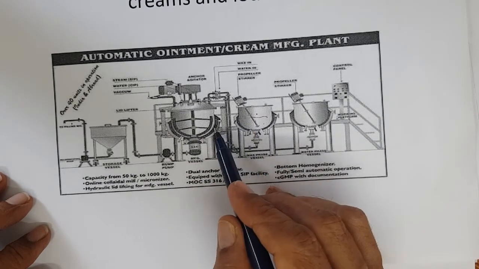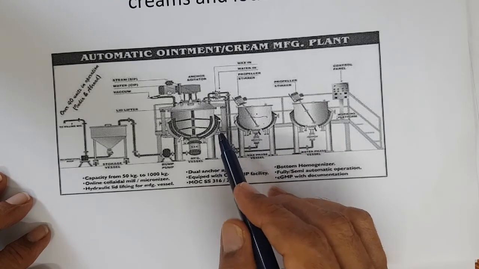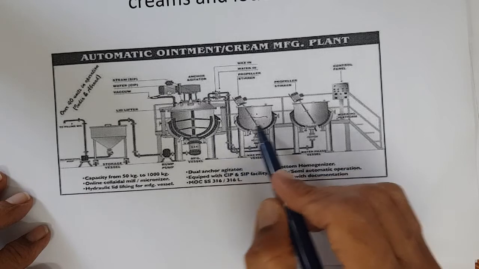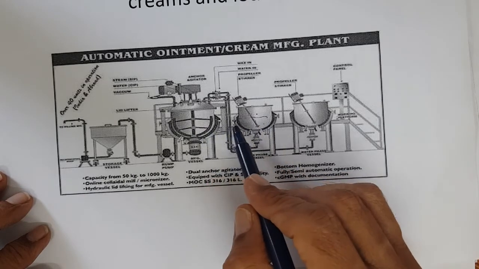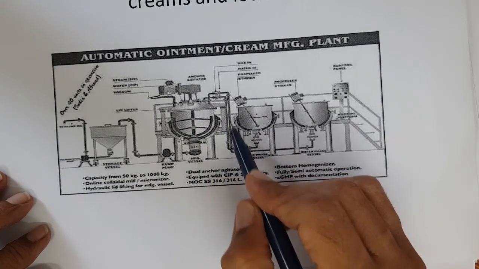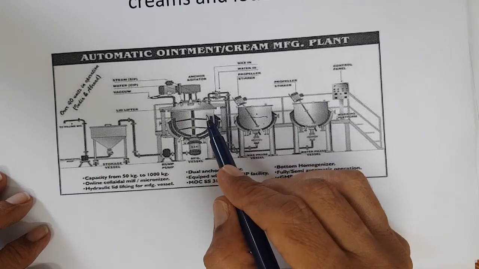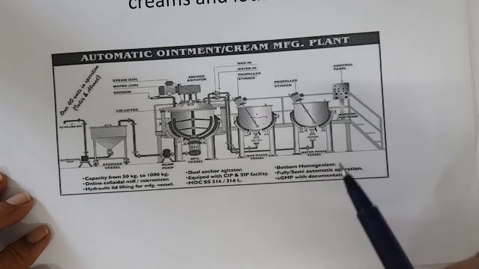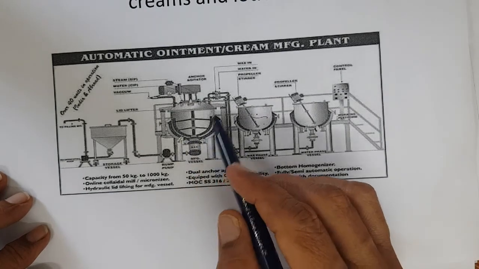This is steam jacketed, and also jacketed with cold water circulation for cooling. Once they are at 75 to 80 degrees, one phase is pumped into the other, and then emulsified, mixed, vacuum, and all the other processes, cooling, everything.